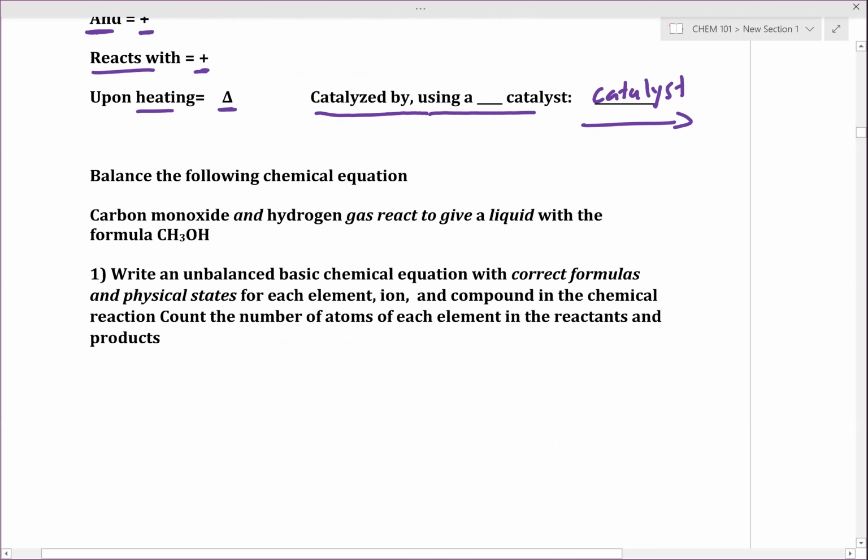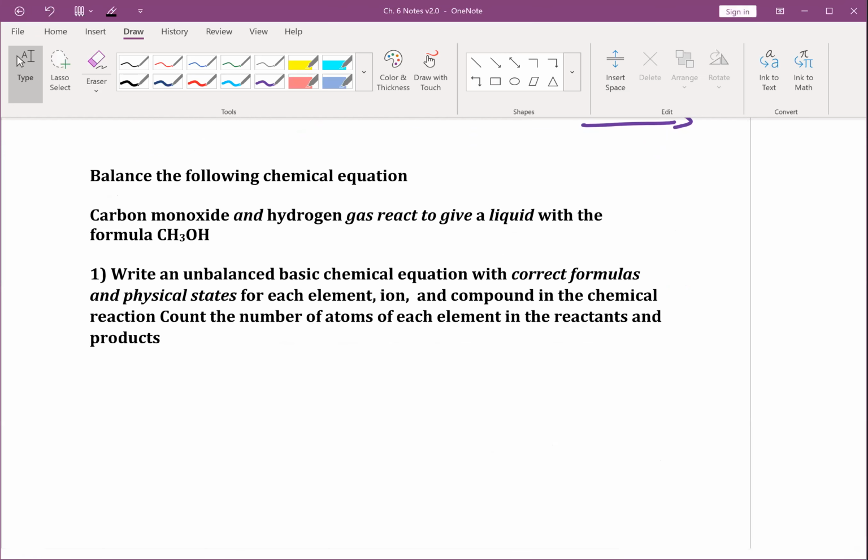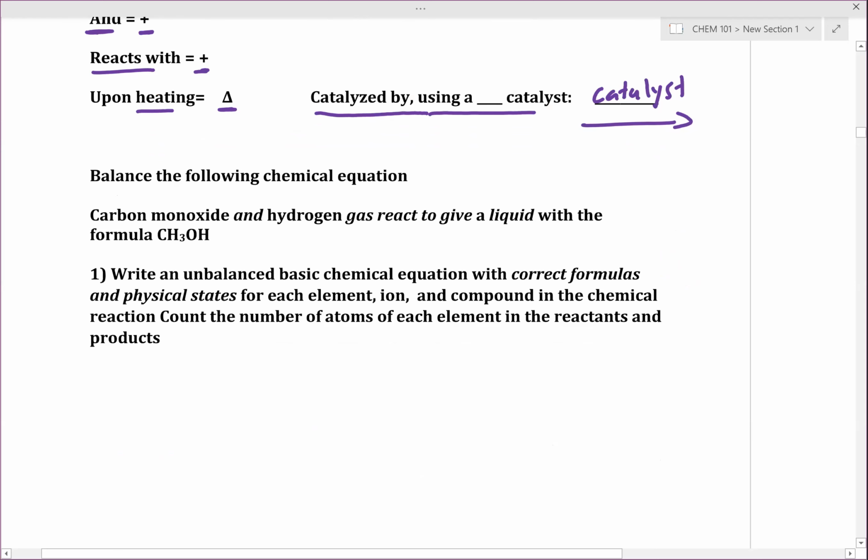Okay, so this is all fine and good, but let's talk a little bit about the process. Let's suppose you are given a word problem, or a chemical equation in word form. You're going to need to be able to read each of the chemical names and convert them into formulas with the correct states.